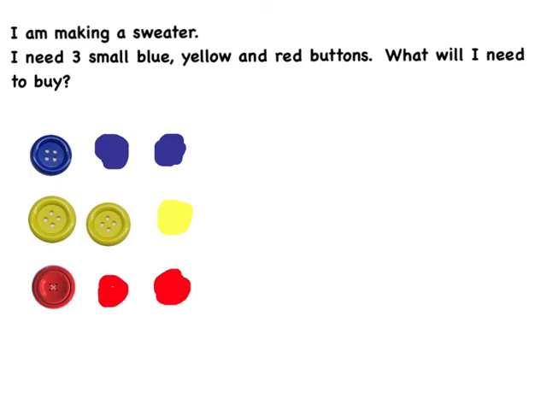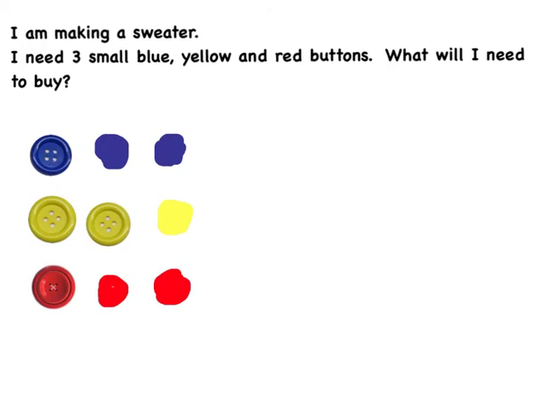So now, by using sorting, I was able to figure out how many buttons I had and how many buttons I would need in order to have 3 small blue buttons altogether, 3 yellow, and 3 red buttons. So I used sorting to solve a problem.